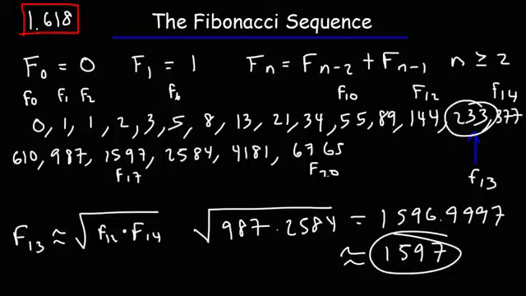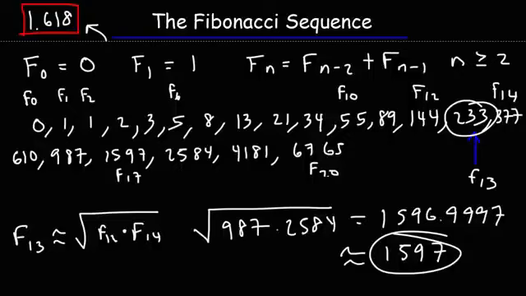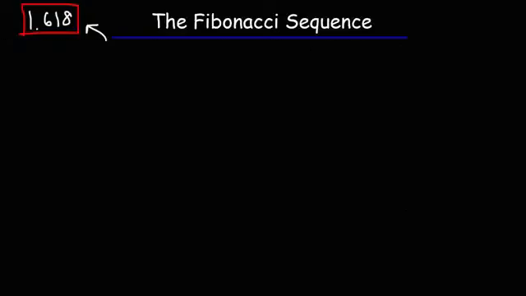Now let's talk about how we can derive the values of the golden ratio. This number 1.618 and the other number 0.618. We're going to start with this.